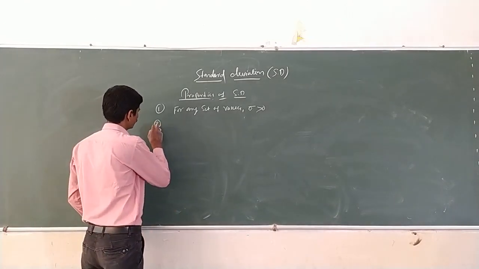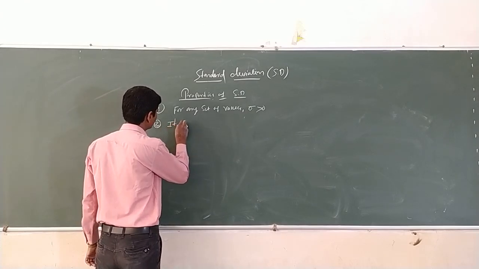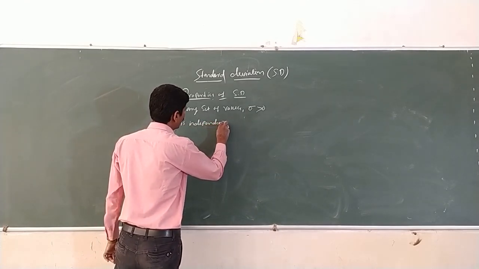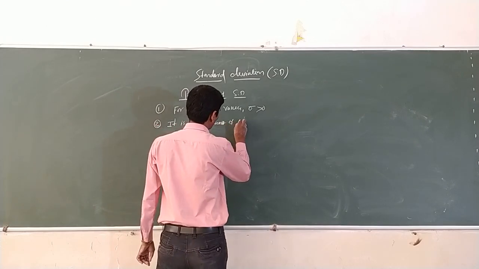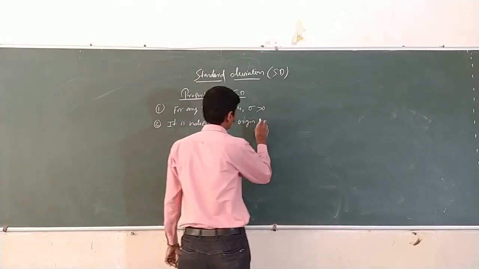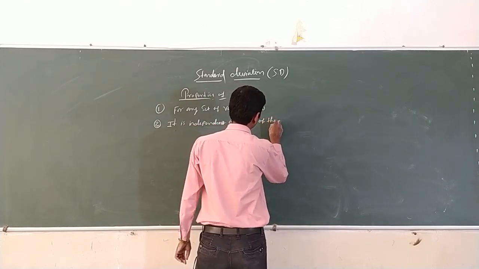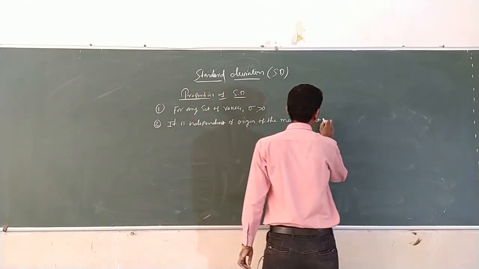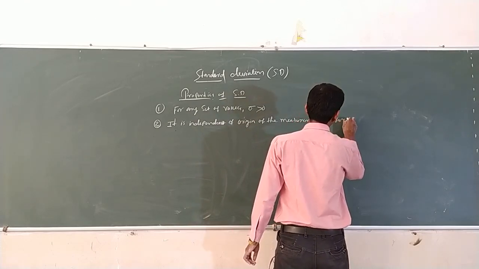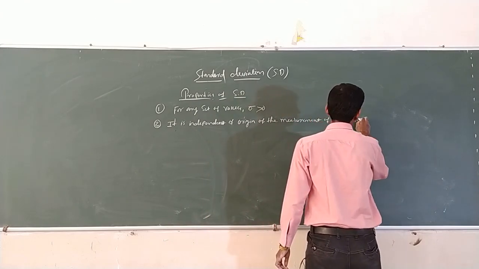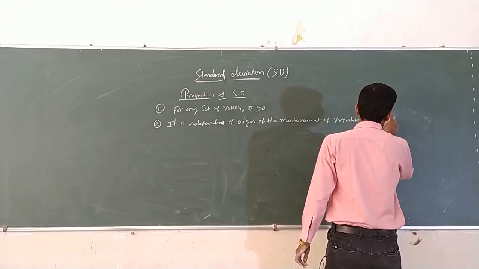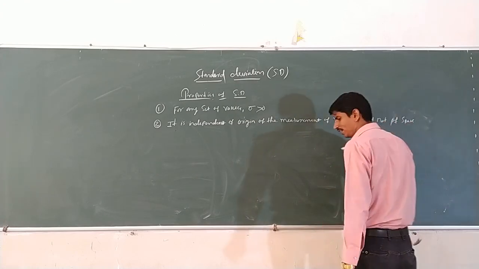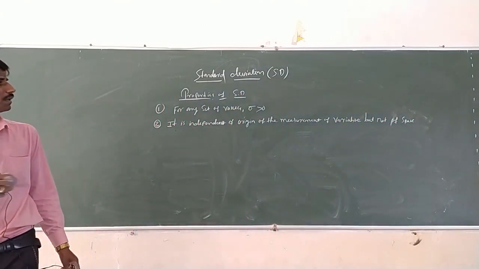The second property: it is independent of origin of the measurement of the variable, but not of scale.